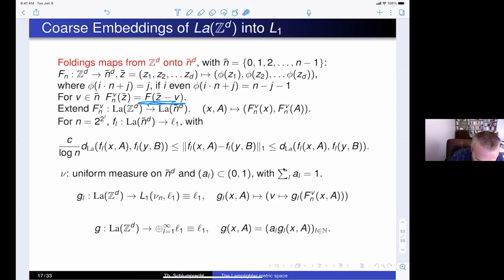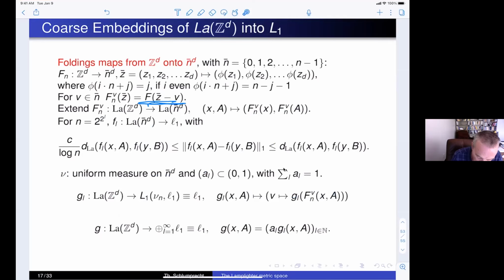Then I'm mapping the Lamplighter of the infinite grid into L1 of the vector valued function, which is of course again the same as little l1, but I want to think of it this way, simply by saying the Lamplighter element goes into, I'm applying first my folding map, and then I'm applying this G_L.